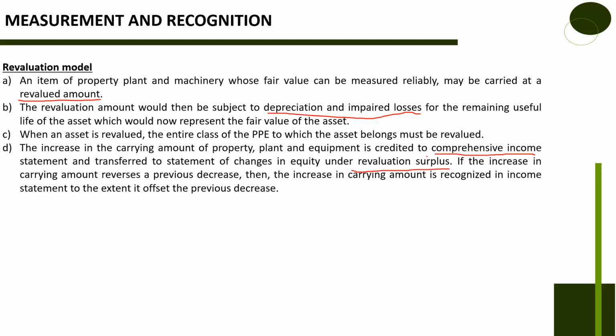You credit the income statement and you also take it to your statement of changes in equity as your revaluation surplus. If the increase in carrying amount reverses a previous decrease, then the increase is recognized in the income statement to the extent it offsets the previous decrease.